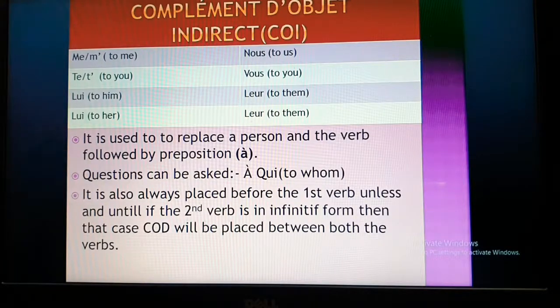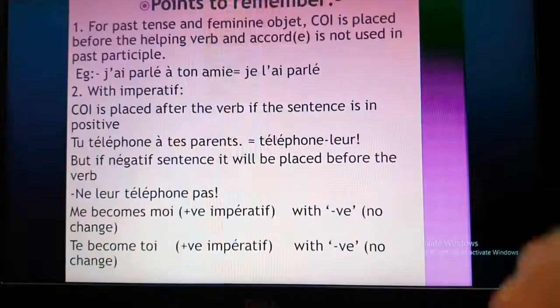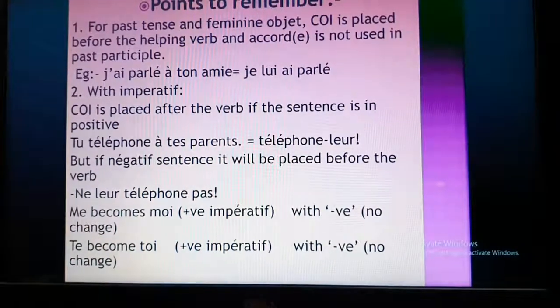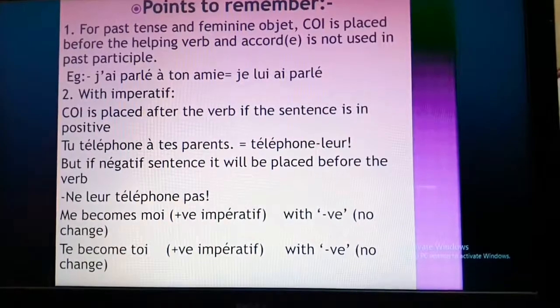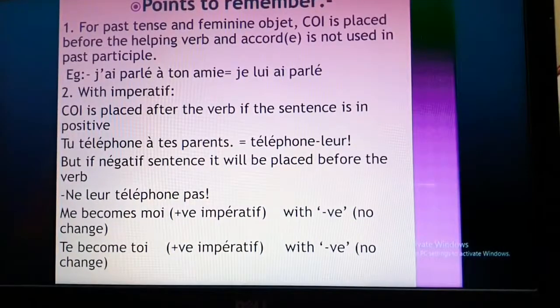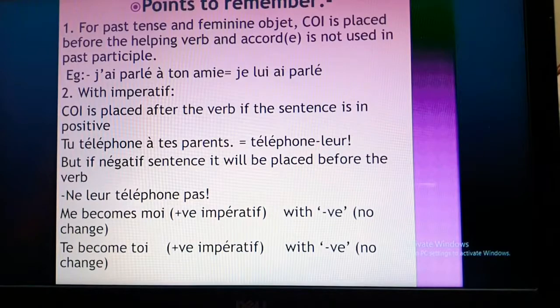It is always placed before the first verb. I'm again telling you, before the first verb, unless the second verb is in infinitive form, then in that case COI will be placed between both the verbs. So points to remember. For the past tense and feminine object, COI is placed before the helping verb and accord is not used in the past participle.